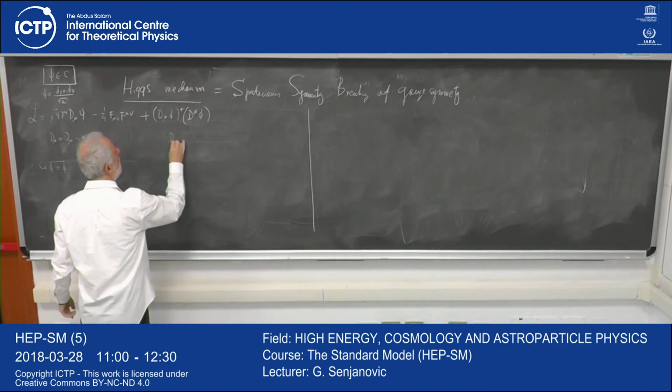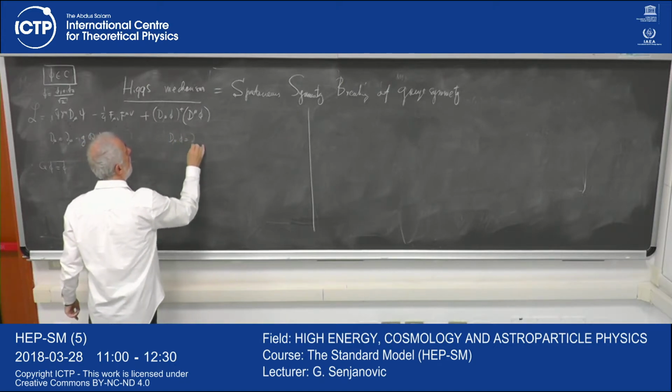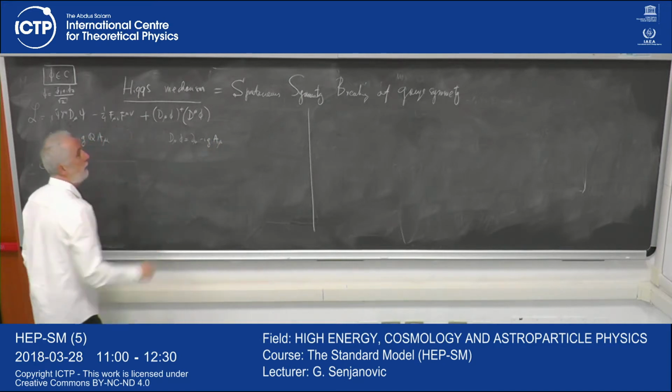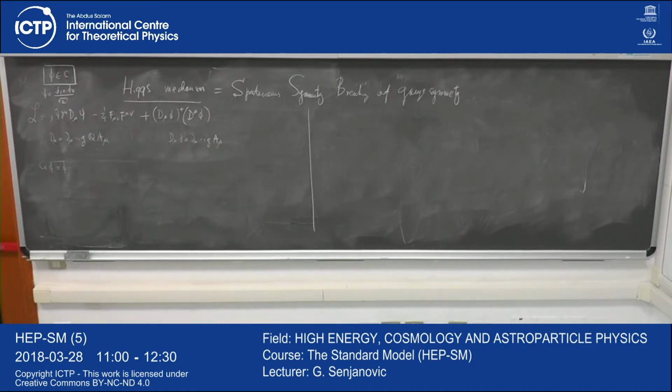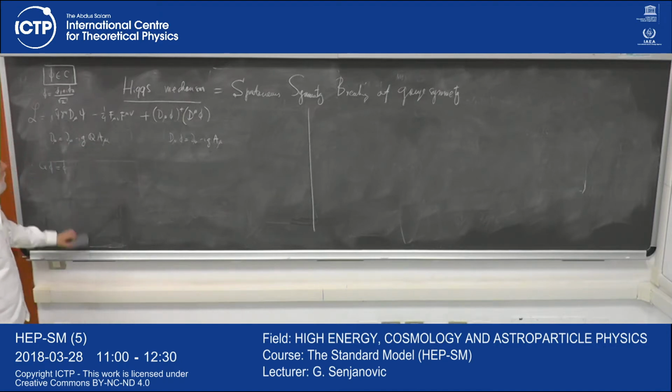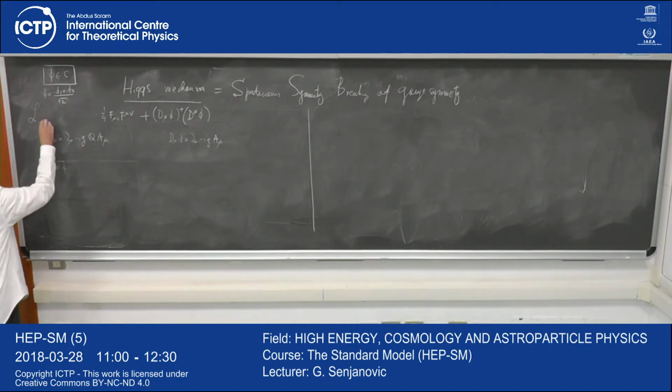So D mu phi is d mu minus i g A mu. Notice I write g, not e, because I don't want the photon at this point. This is some other coupling g. What else is needed? I have a kinetic energy. I don't have to worry about the fermions. I just try to understand the spontaneous symmetry breaking. Let's forget about the fermions.